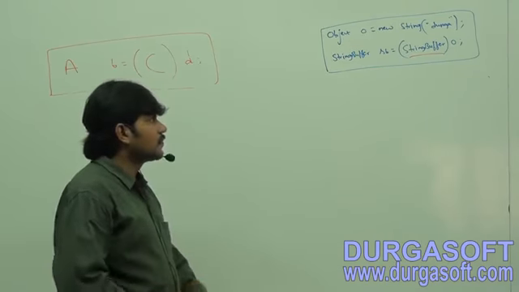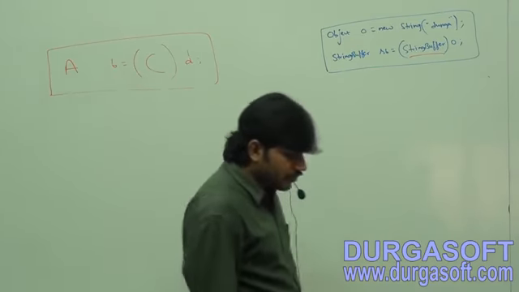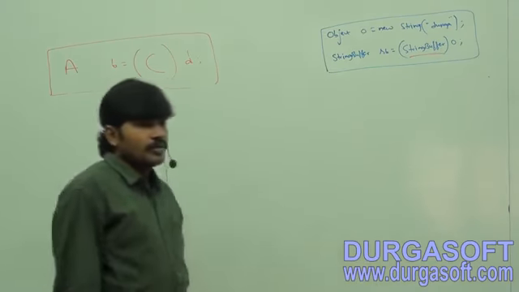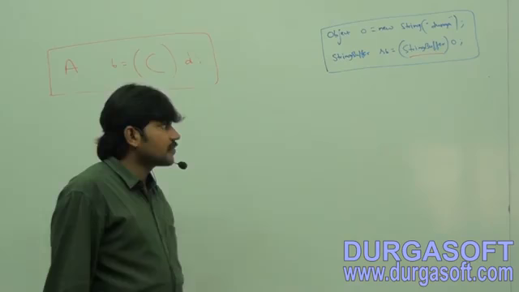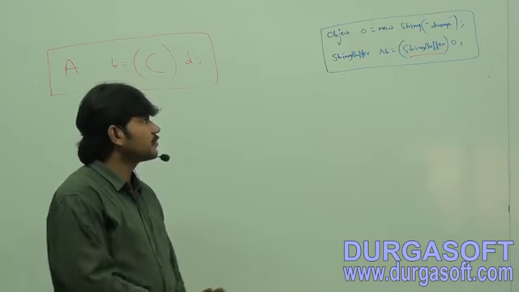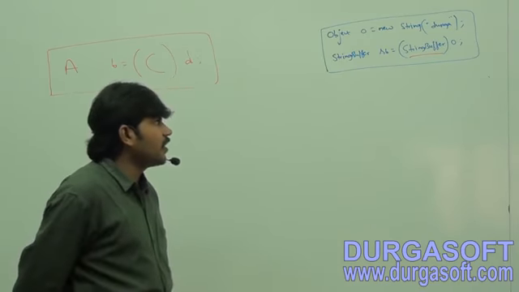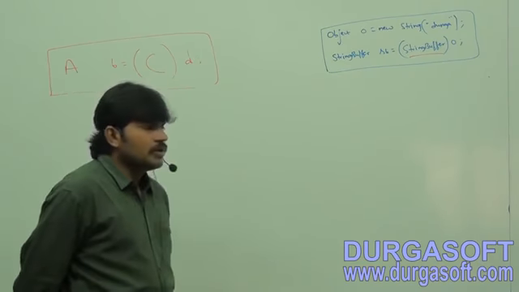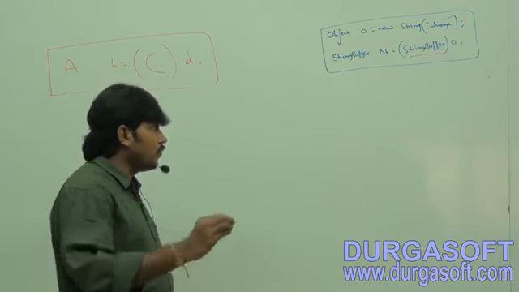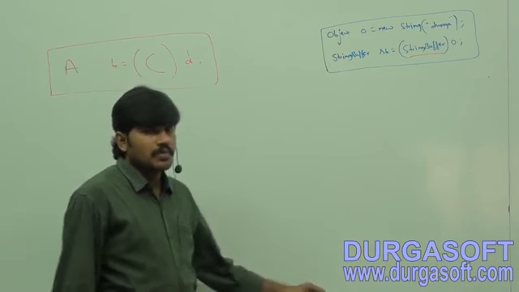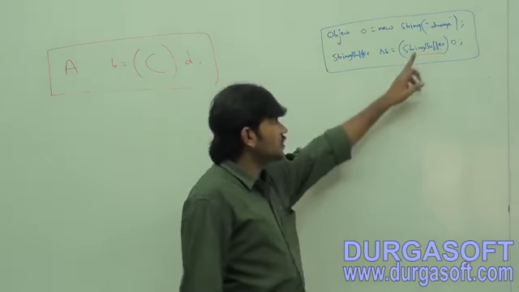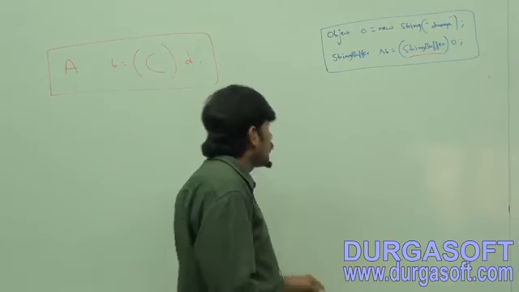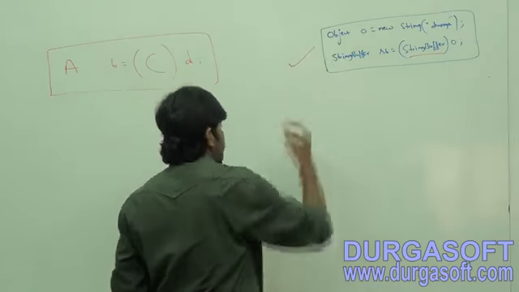StringBuffer SB is equal to new StringBuffer of O. Satisfied, have you observed? The rule got satisfied, right? No problem at all, it is valid.